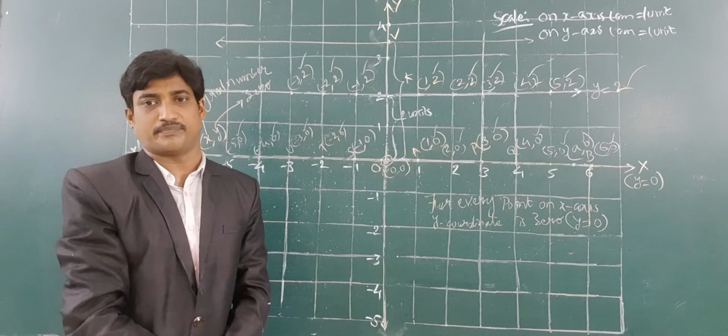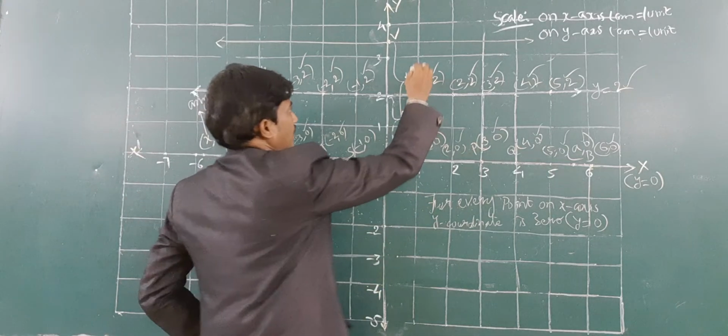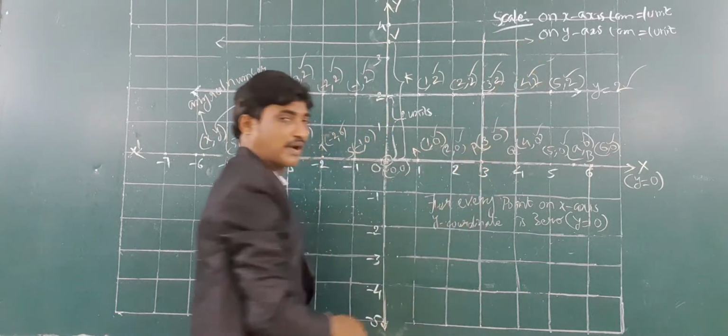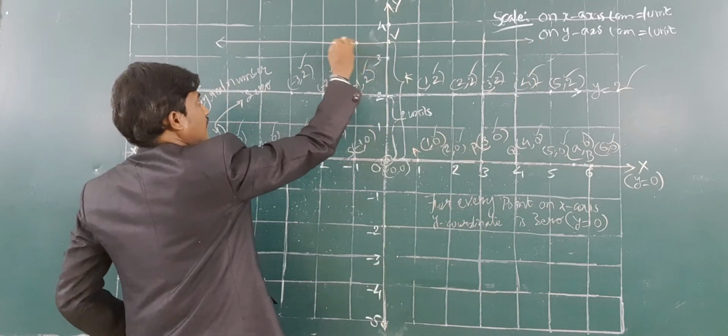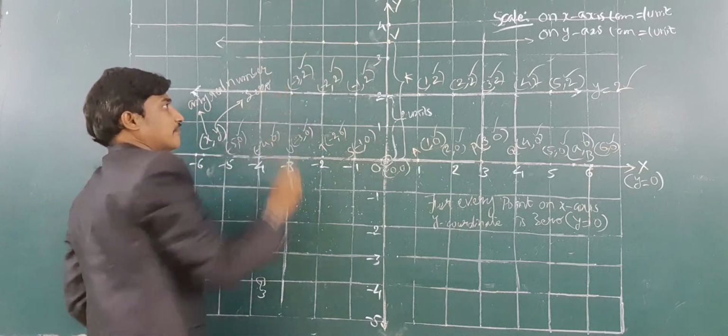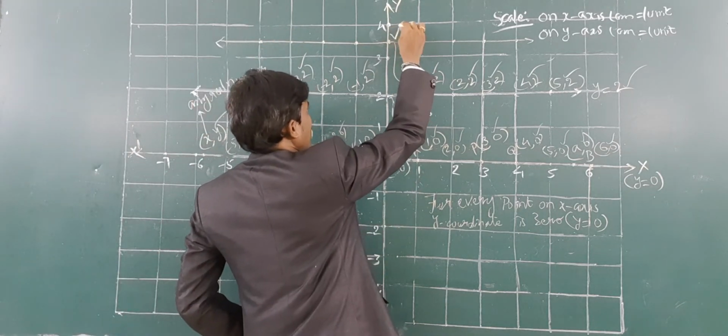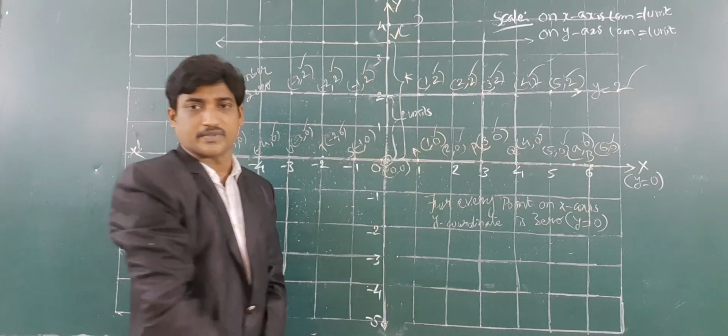If you observe the points on this parallel line, here at V, what is the ordered pair of V?